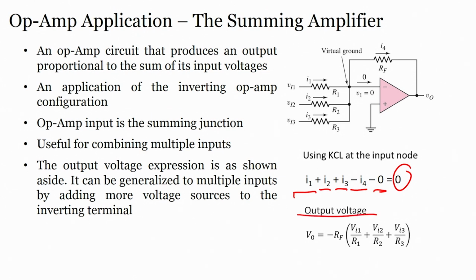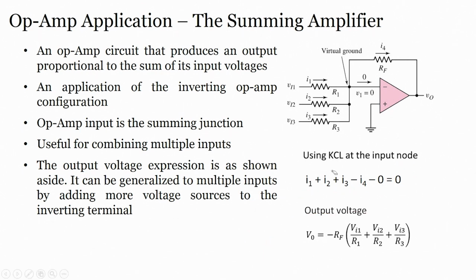So, for the output voltage, we know V equals IR, so I equals V by R. We all know Ohm's law, our favorite. Very few people will say they do not know Ohm's law.